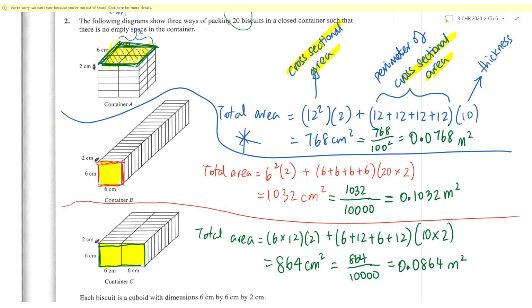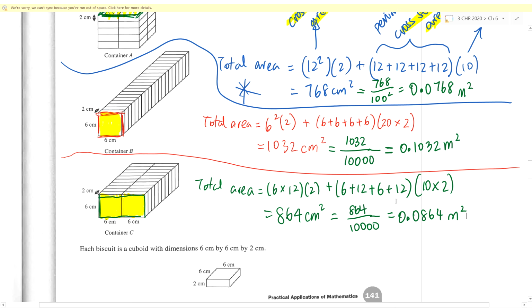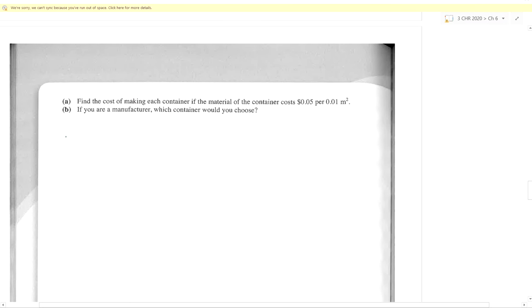Okay, we're now going to make use of these three areas to find out the corresponding cost for making the container. So now I need more space. For part A, container A area is 0.0768 square meters.